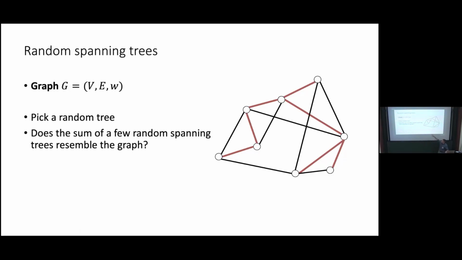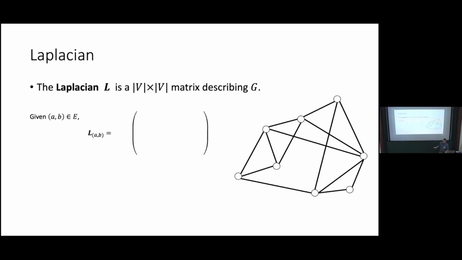In order to define what I mean by two graphs being similar, I want to introduce the Laplacian matrix, which is a matrix that represents our graph. It's a number of vertices times number of vertices matrix.